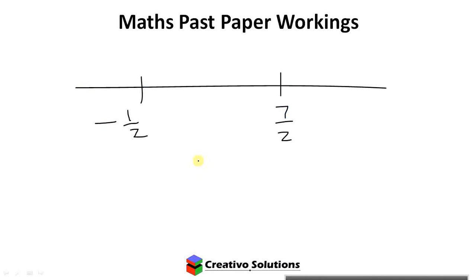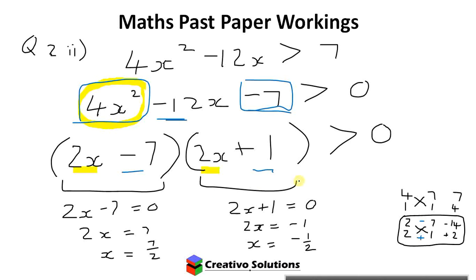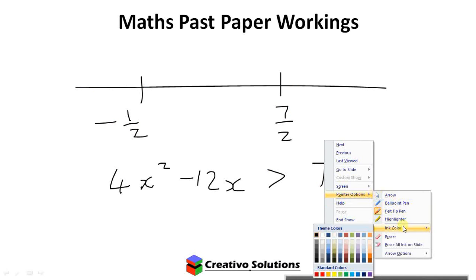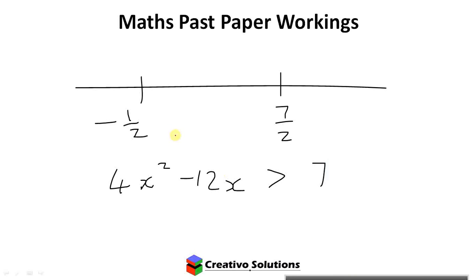Okay, what's the question? Let's write down the question again. 4x squared minus 12x greater than 7. Okay, so let's test. Take any number less than negative a half.